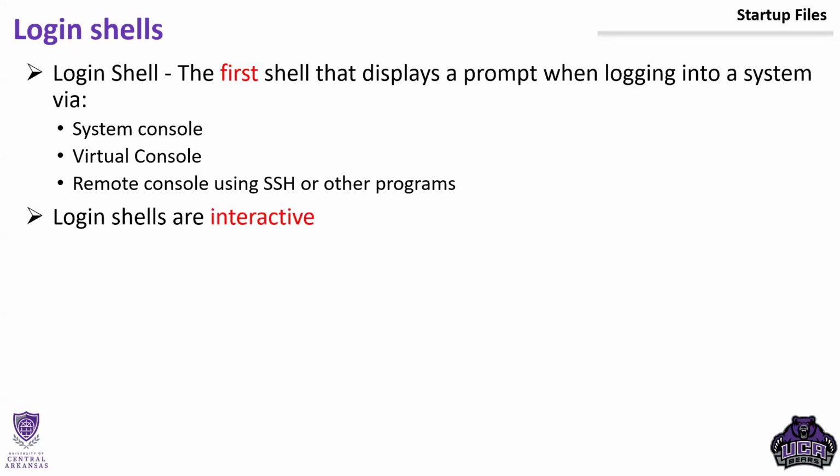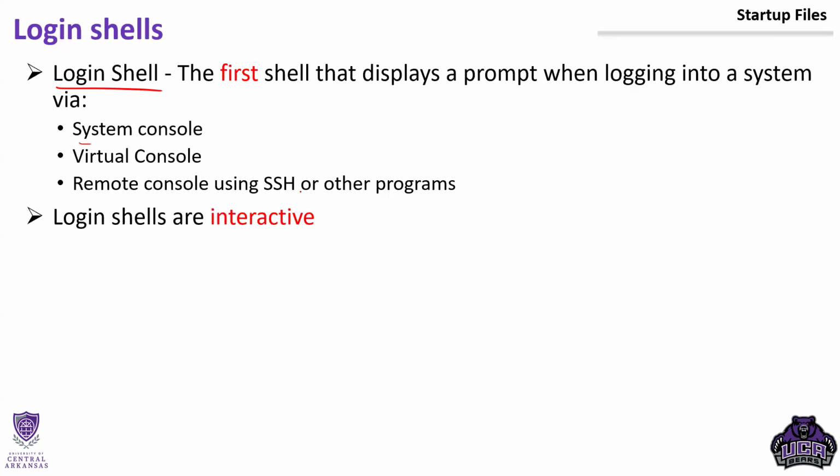This is stuff you're really not even going to hardly notice, but there actually are different types out there. The first is our login shell. A login shell is just a shell that prompts you for a username and password when you log into it. There are different types: system, virtual, or remote through SSH.